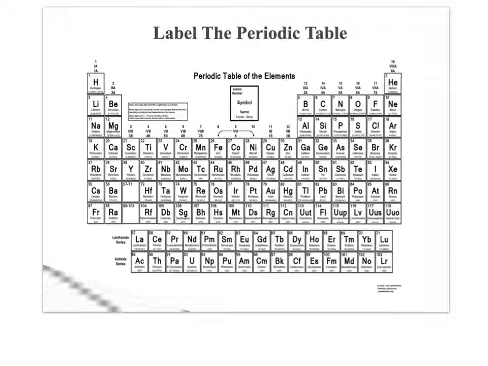Okay, so now we're going to label the periodic table so we know where some of these things are. First of all, let's start with the up and down. Remember we said vertical, up and down, we call these the groups. If you look across, the groups going up and down, there's 1 all the way through 18. So there's 1 through 18 groups.